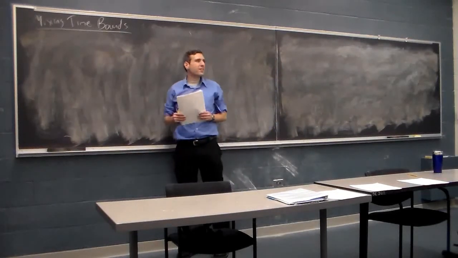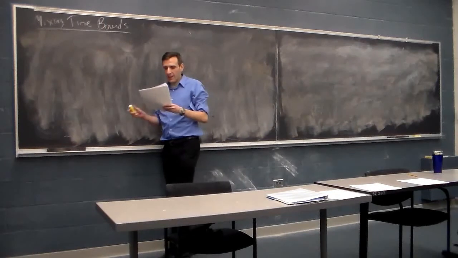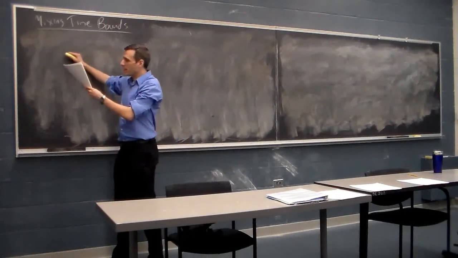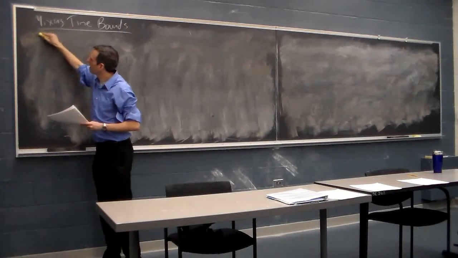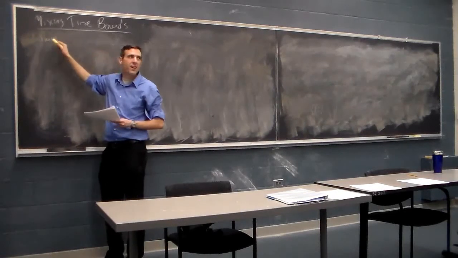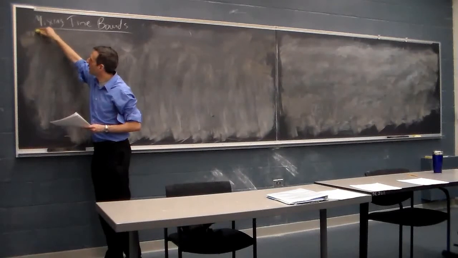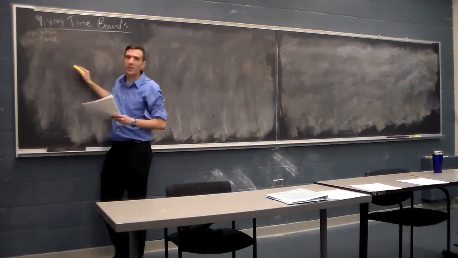And we had briefly seen some ways of quantifying that. And let me just restate those for the moment. So we had looked at a measure of distance between the steady state and the current state of a Markov model, known as the variation distance.